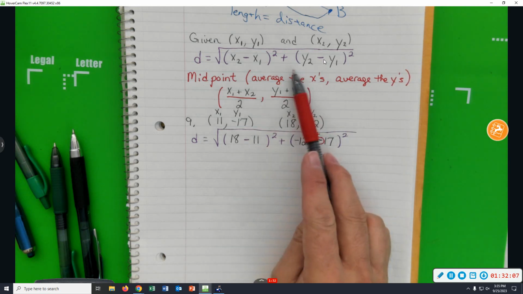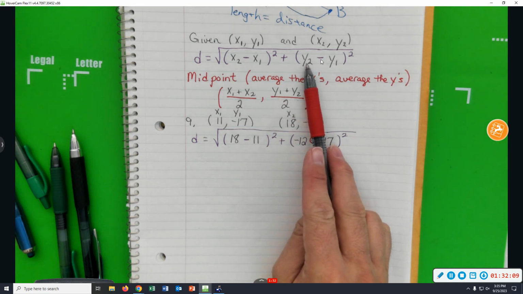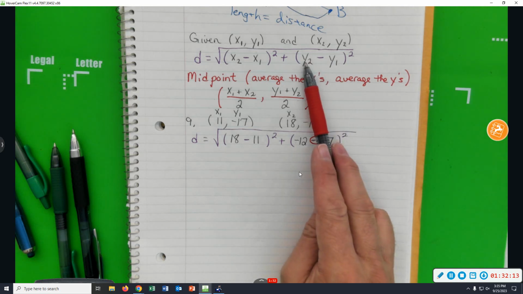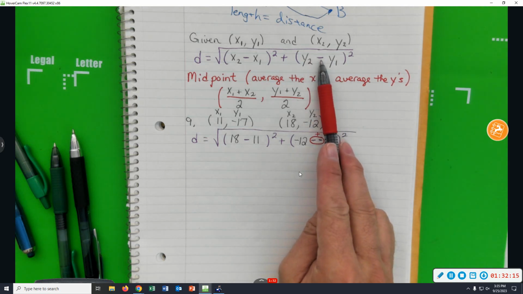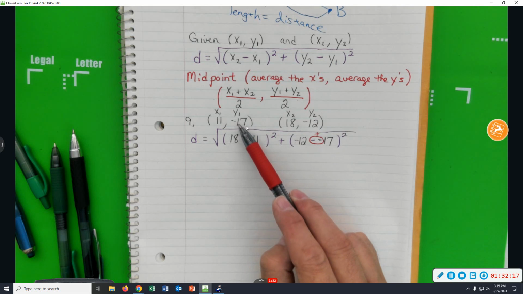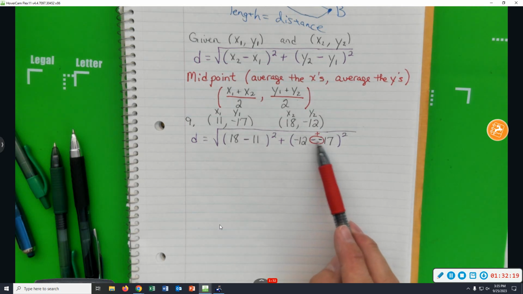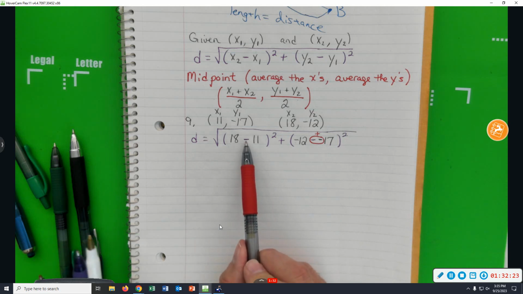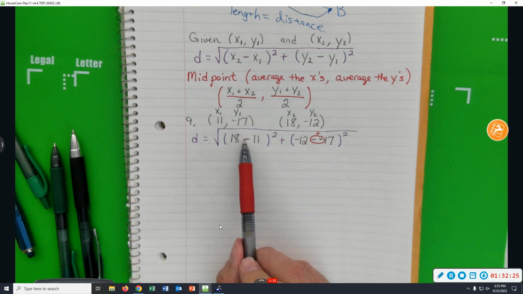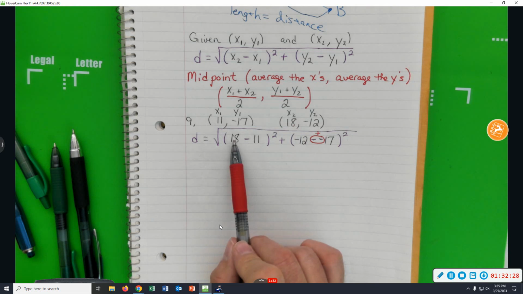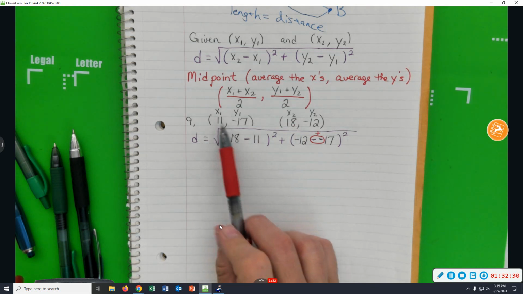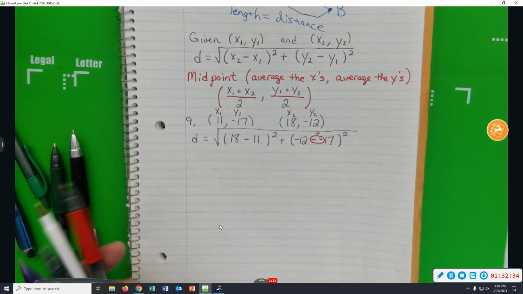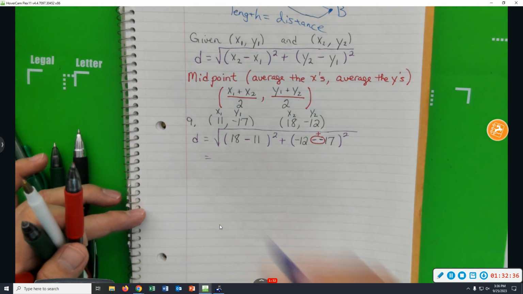It's y2 minus y1, so negative 12 minus a negative 17. That's why we're getting the 2 negatives there. If you're wondering, well, wait, we don't have 2 negatives here. No, we don't. 18 minus x1 is a positive 11. Do y'all follow that?